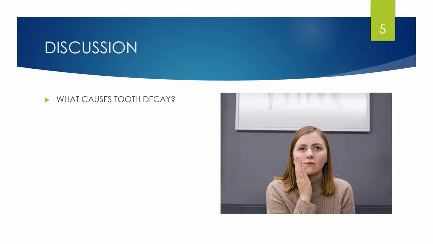So your diet plays a very important role in tooth decay. Do you know during the Second World War, because there was rationing of sugar, there was less decay as compared to now. Now, people can just walk to the shop and buy sweets. I'm not saying you shouldn't have sweets. You can have them, but there's a right time to have them.